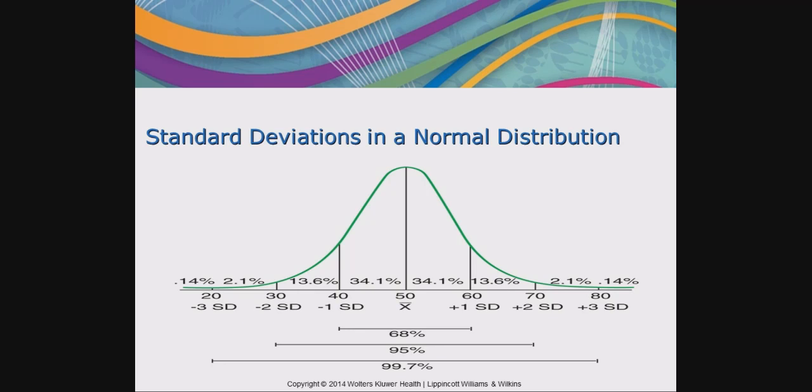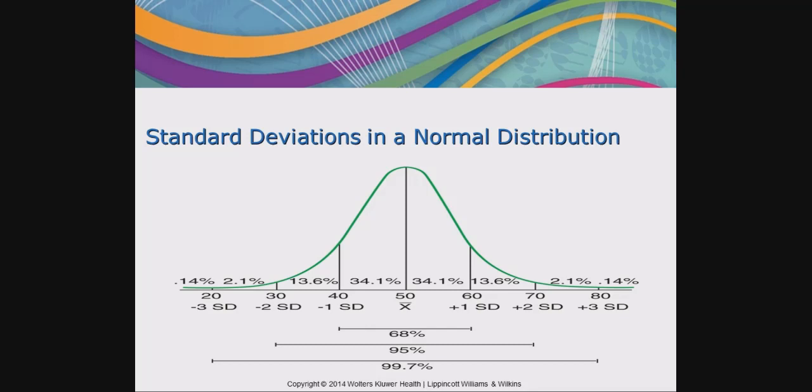And here is the normal bell curve. You're going to find this on page 220 in your text. You can see that there are equal standard deviations from the mean in the normal bell curve. If you look at the range, from the 14% at -3 standard deviations to the 14% at +3 standard deviations, all of these scores are 6 standard deviations apart.